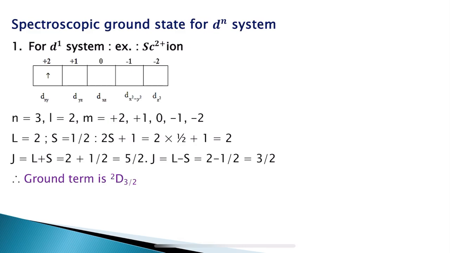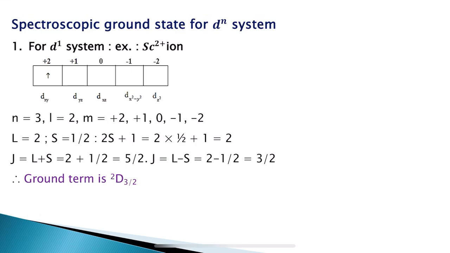This is where we stopped in our previous class, and in this session I am going to explain how we are going to understand the spectroscopic ground state for the dn system. So dn means d1, d2, d3, or d5, d6 systems, where the d subshell will have the respective electrons present in the outermost shell.